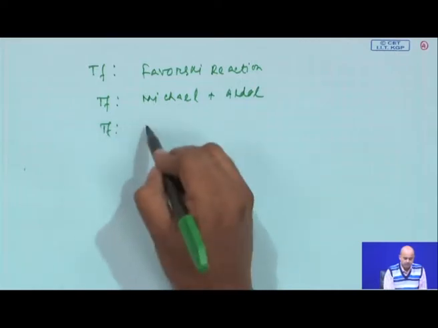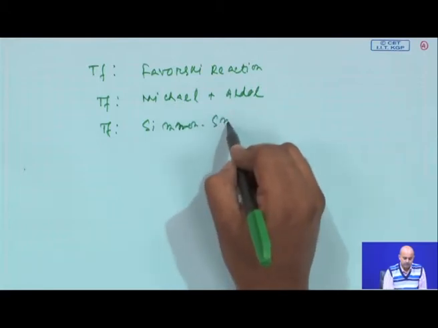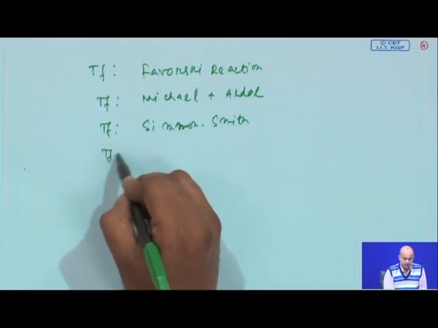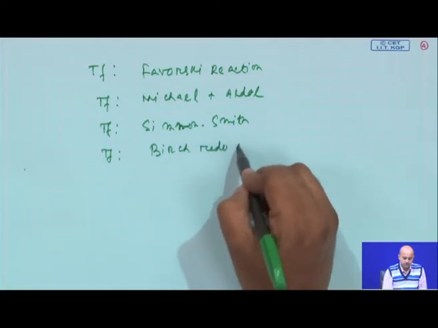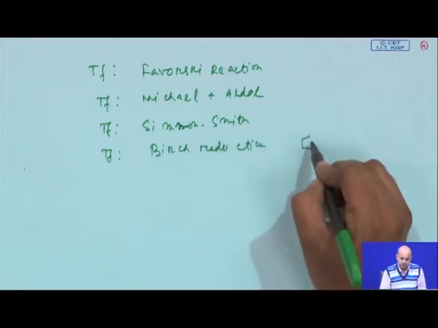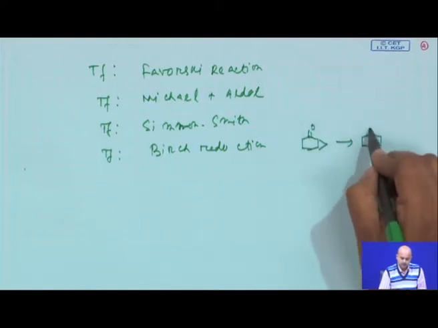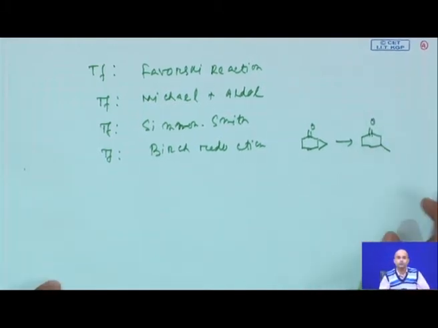You do a Simmons-Smith reaction to give you the cyclopropane, and then finally you do a Birch reduction to cleave the cyclopropane to complete the synthesis, where you will be creating the methyl on the beta position, that we explained how it can be done. So, in this way a combination of useful transformations can be very helpful and give you the desired target.